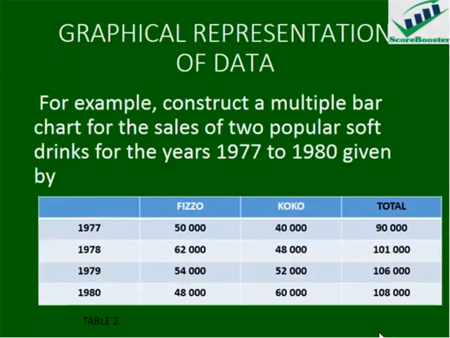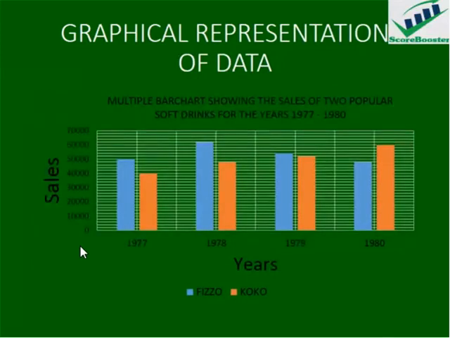So now we move to the construction of the multiple bar chart for the year 1977. This is what they call a key or a legend. You can see that the color of Fizzo is blue. So anywhere you see a blue bar, it's representing Fizzo, and anywhere you see a peach bar, it's representing Cocoa.